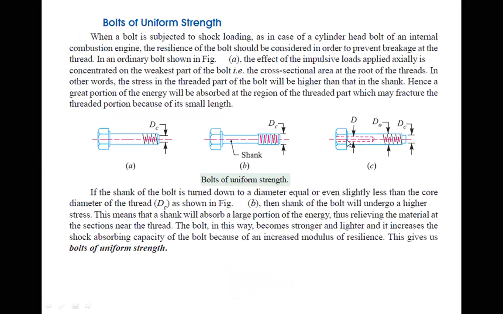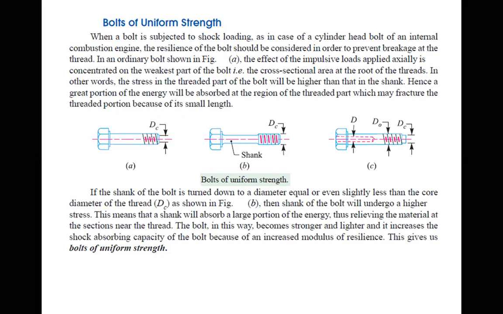Now there is one more concept which is generally asked for 2 to 4 marks. What is meant by a bolt of uniform strength? As we know, bolts have a threaded part. The threaded part has a variety of diameters: outside diameter, inside diameter, root, face, flank.